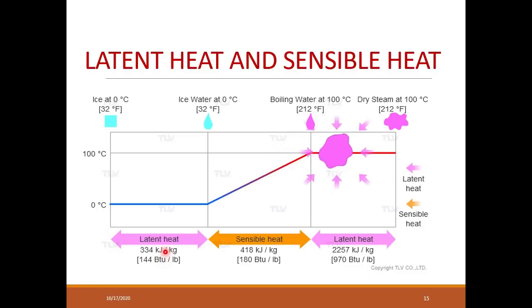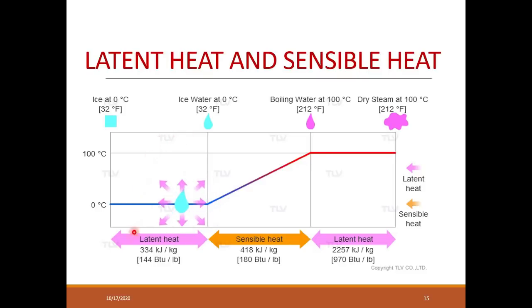The latent heat of fusion for ice is 80 calories per gram. This amount of heat is absorbed by each gram of ice in melting. So ice at 0 degrees Celsius, the same temperature, becomes ice water.